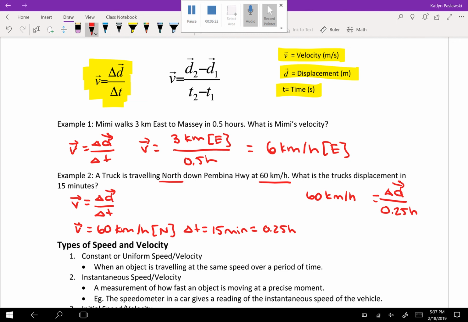I need to get the change in displacement on its own, so I'm going to multiply 60 times 0.25 to give us 15 kilometers. So the displacement is equal to 15 kilometers.